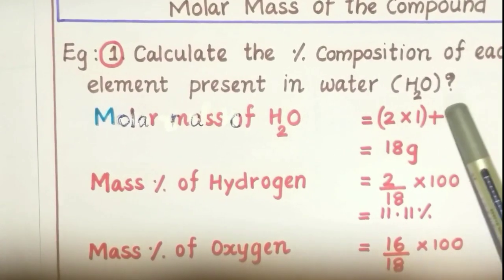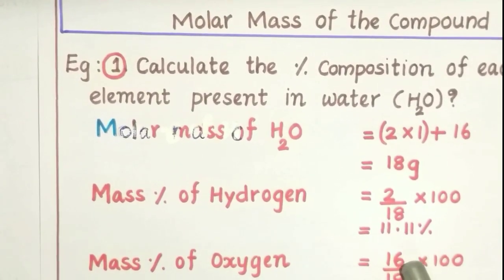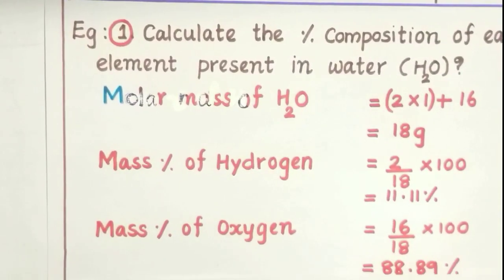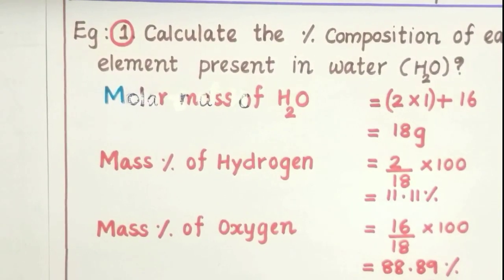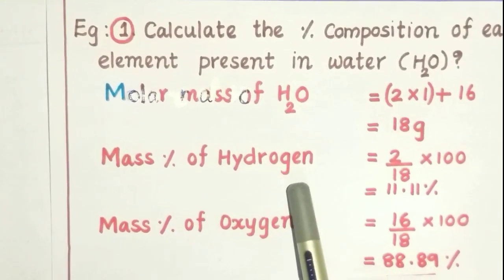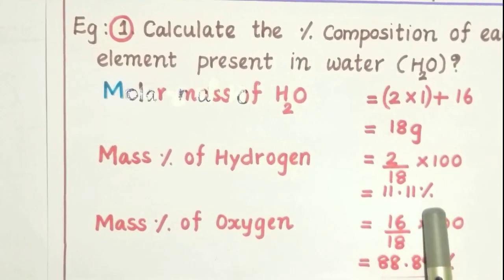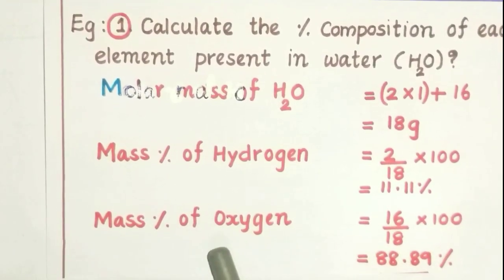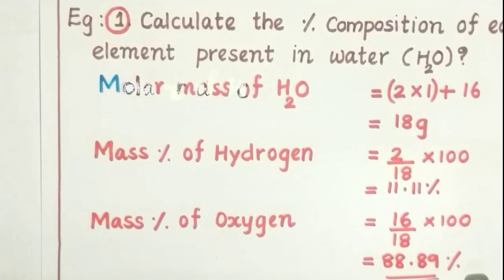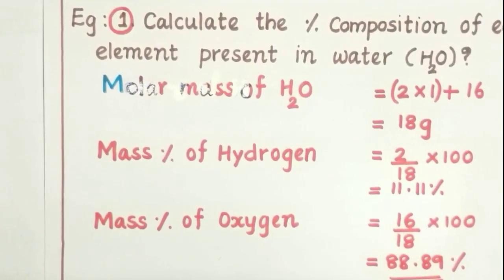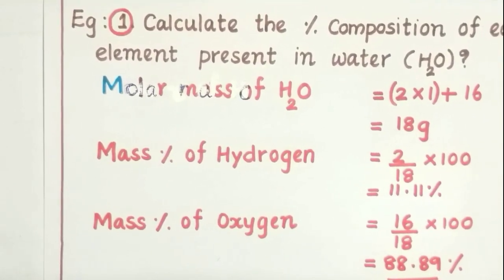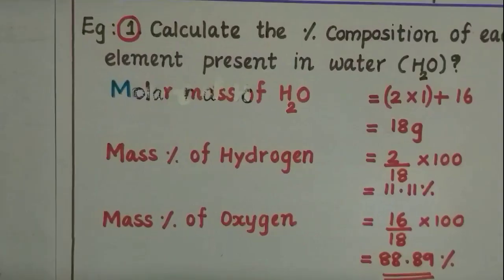Here the mass of oxygen is 16. So, 16 divided by 18 into 100, which is equal to 88.89 percentage. So, the answer: mass percentage of hydrogen is equal to 11.11 percentage and mass percentage of oxygen is 88.89 percentage.